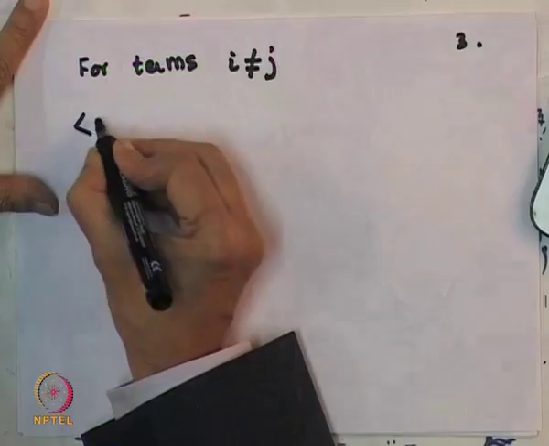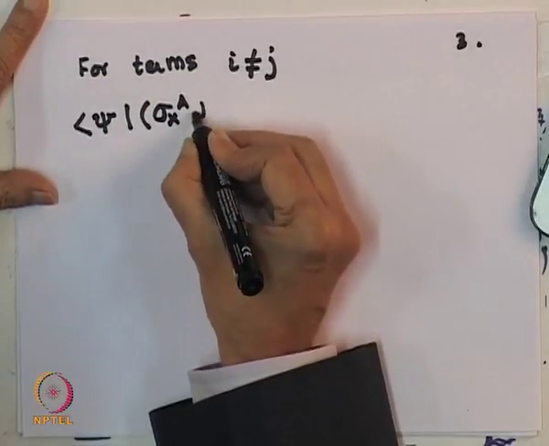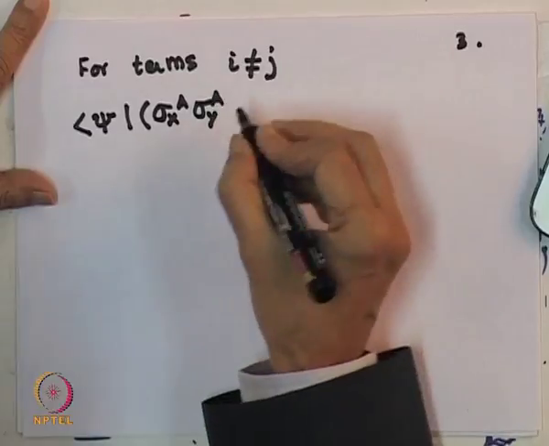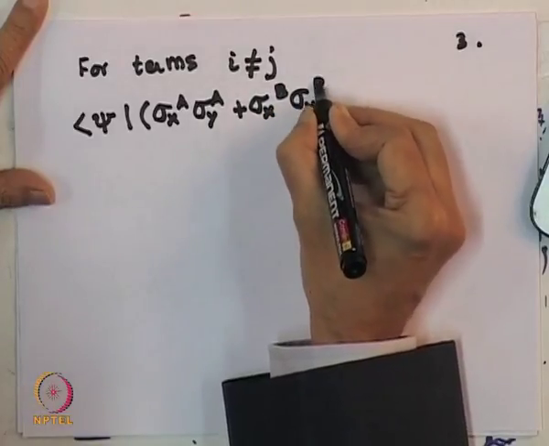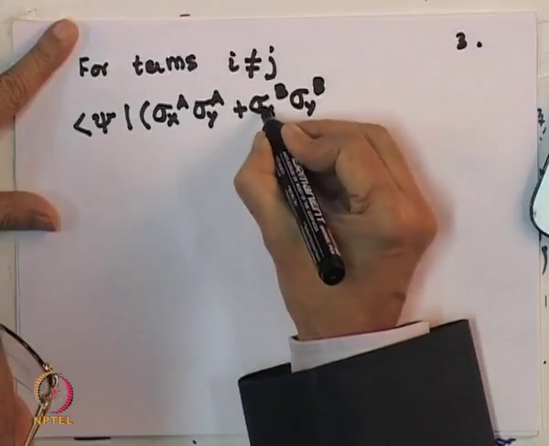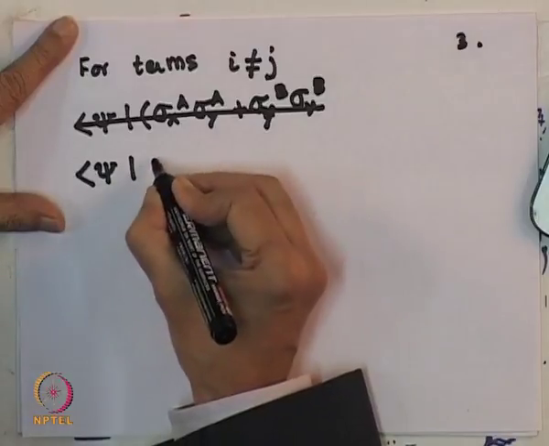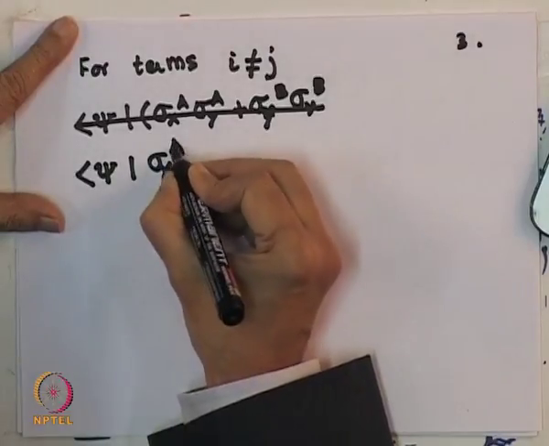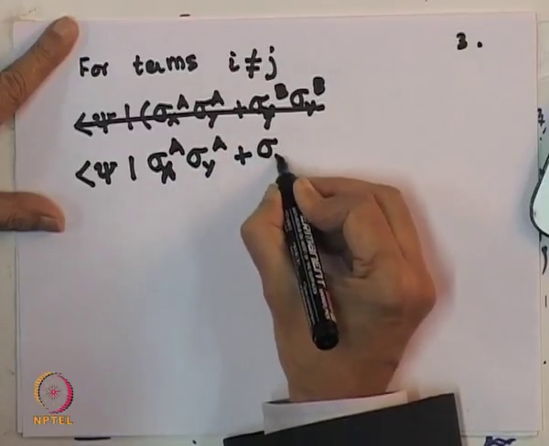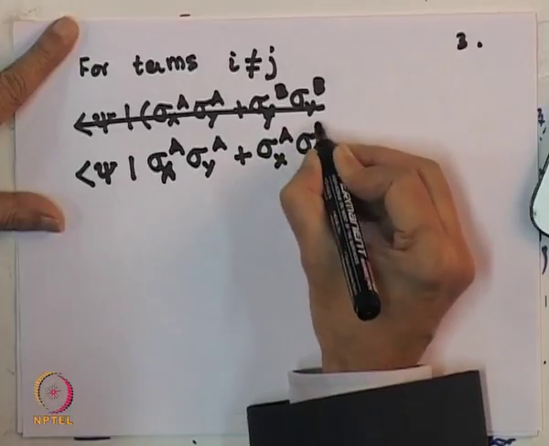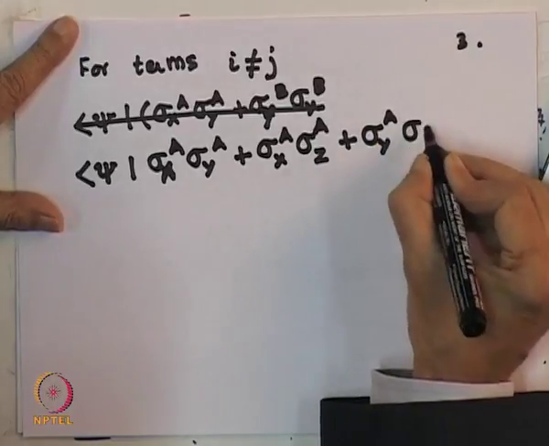So let me look at the following quantity: sigma xa, sigma ya plus sigma xa, sigma za plus sigma ya, sigma za.